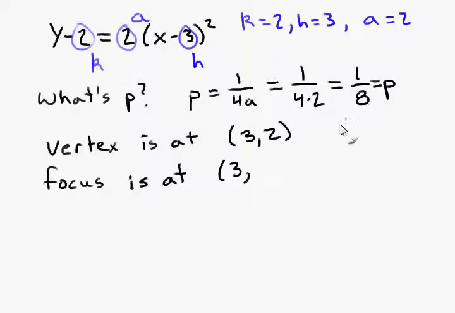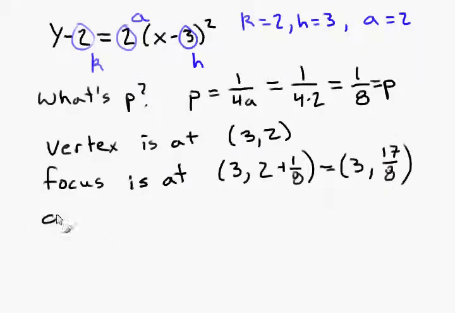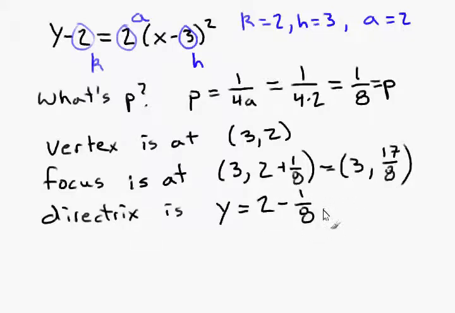So that's 2 plus 1/8, or 3 comma 17 divided by 8. And the directrix is the line y is equal to k minus p. So 15 divided by 8.